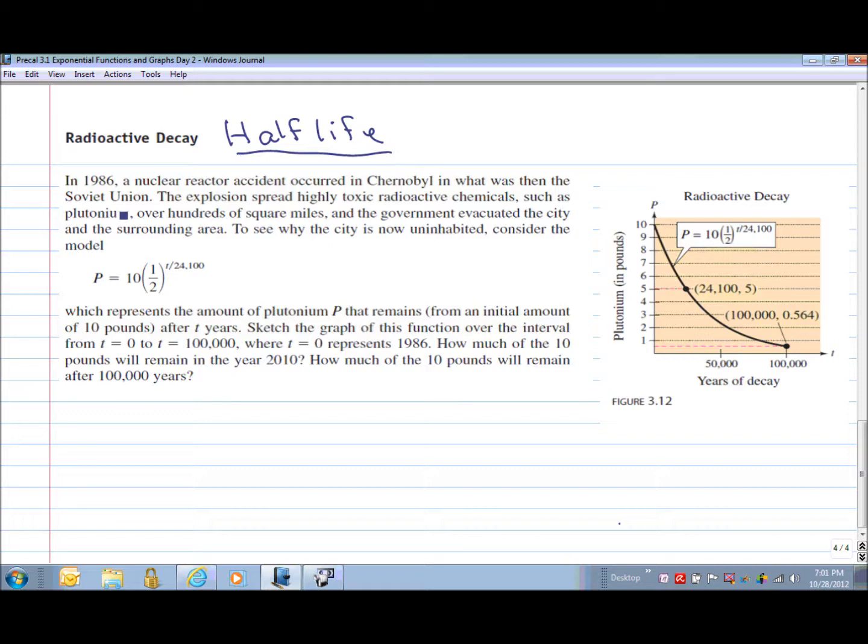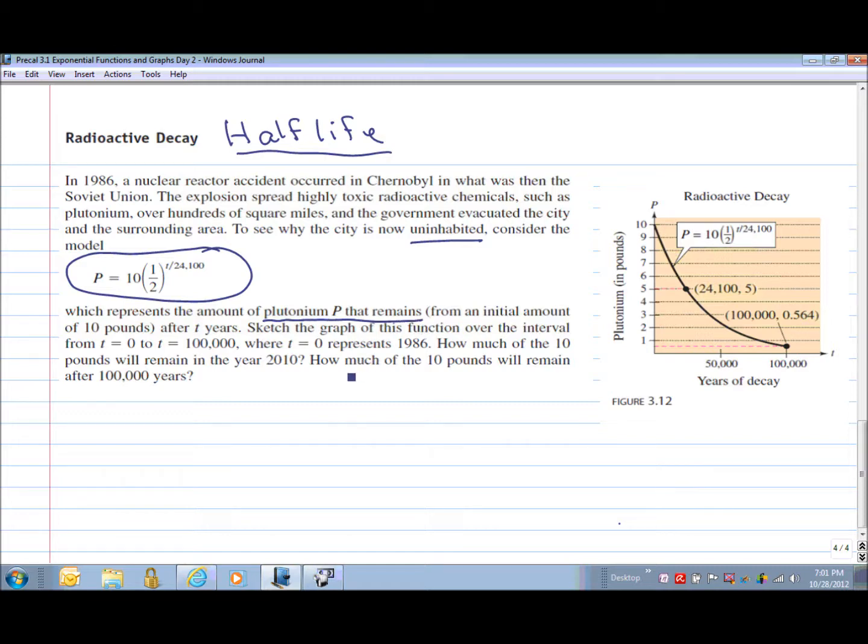This says in 1986, a nuclear reactor accident occurred in Chernobyl in what was then the Soviet Union. The explosion spread highly toxic radioactive chemicals such as plutonium over hundreds of square miles, and the government evacuated the city and the surrounding area. To see why the city is currently uninhabited, consider this model, which represents the amount of plutonium that remains.